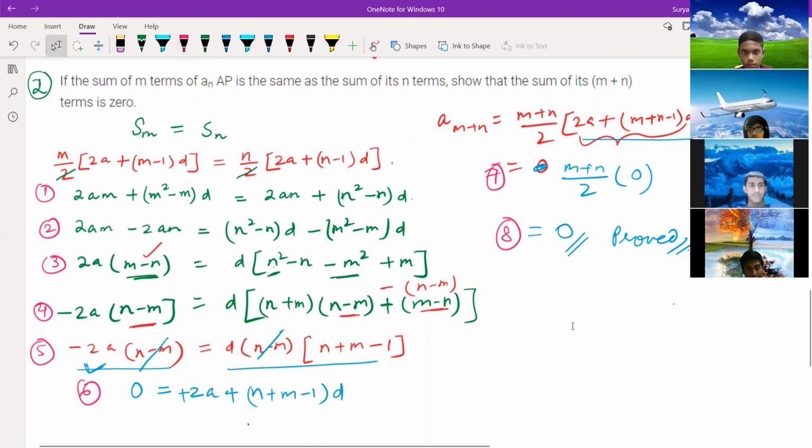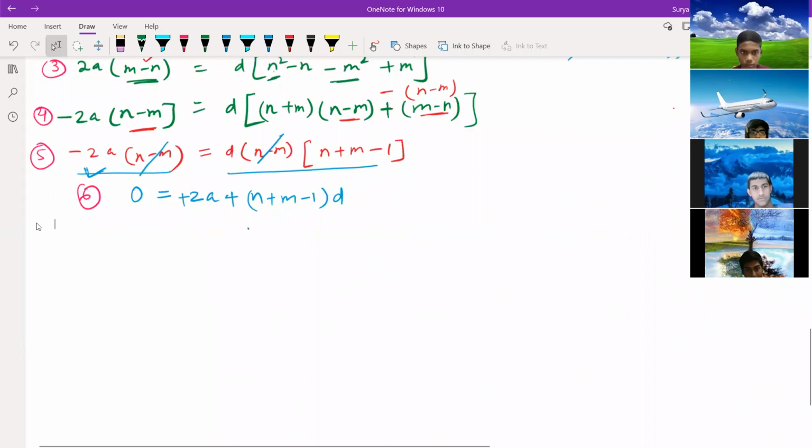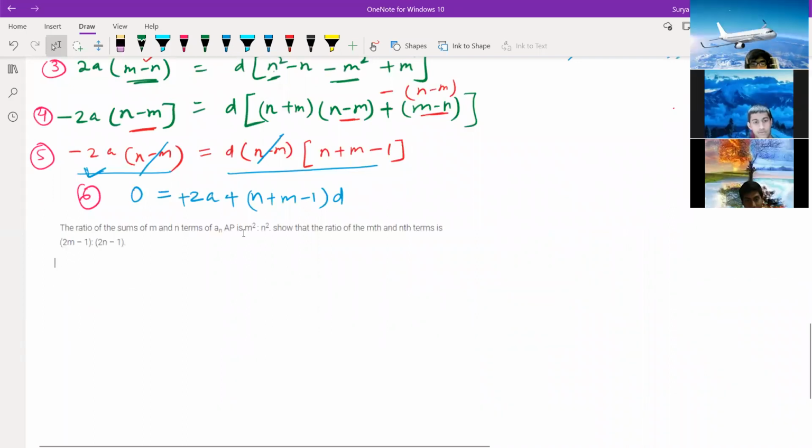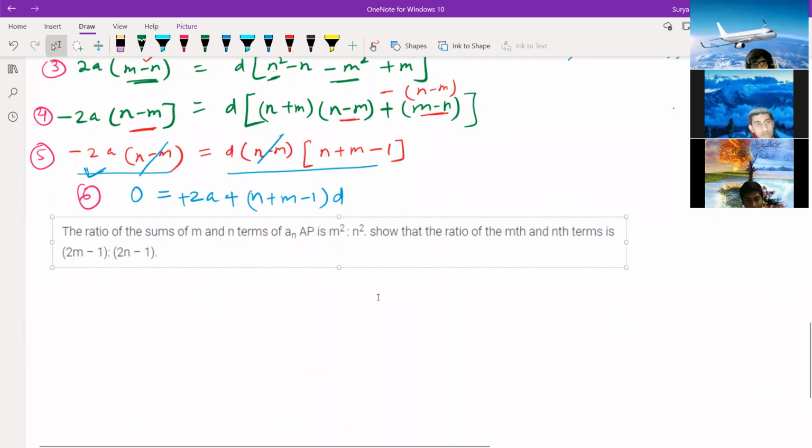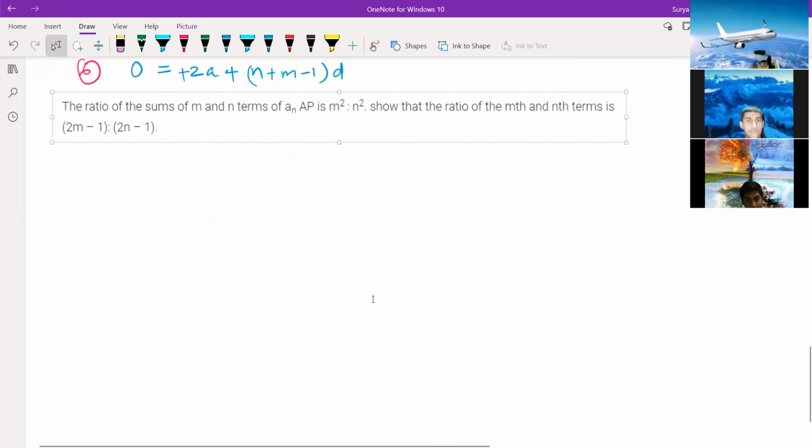Next question is, the ratio of the sum of m and n terms of an AP is m square is to n square. Show that the ratio of the mth and nth term is 2m minus 1 and 2n minus 1. This is the third question.